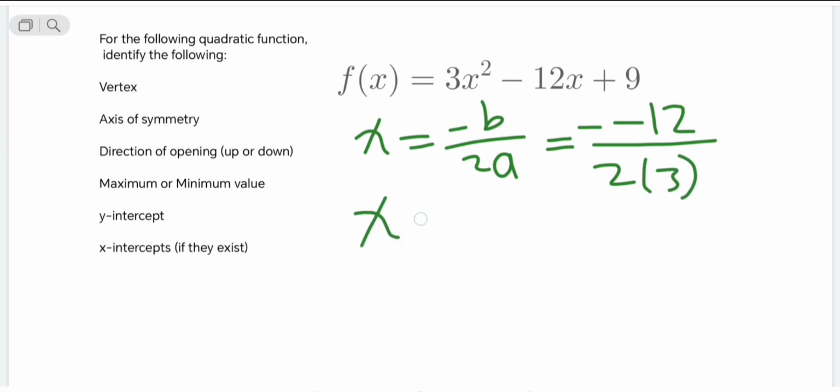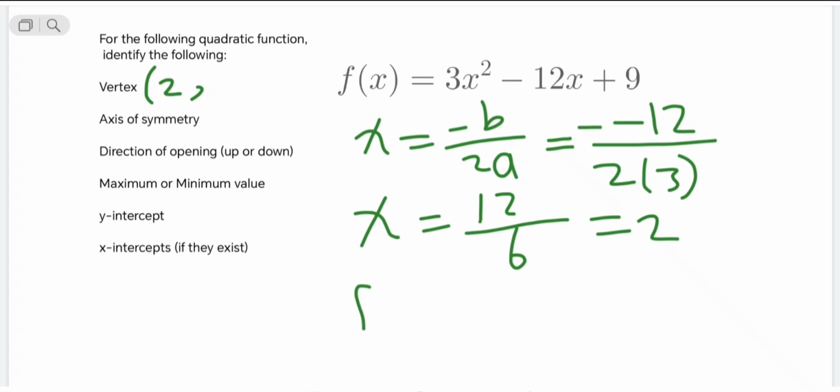So x equal 12 over 3 times 2, which is 6. So 12 divided by 6 equals 2. This is the value of x. In the vertex, I will write the value x = 2. Now we will find the value of y by substituting in the function. So f of x means y.